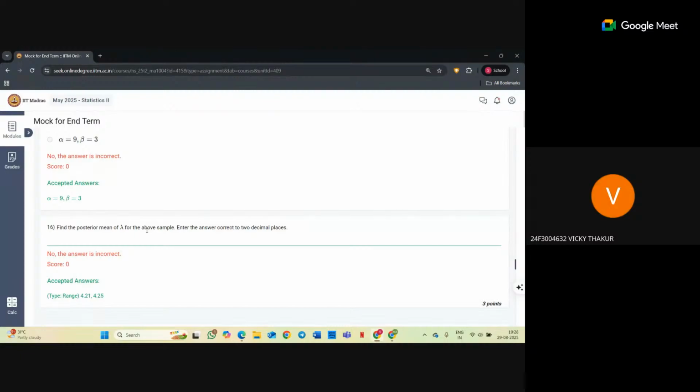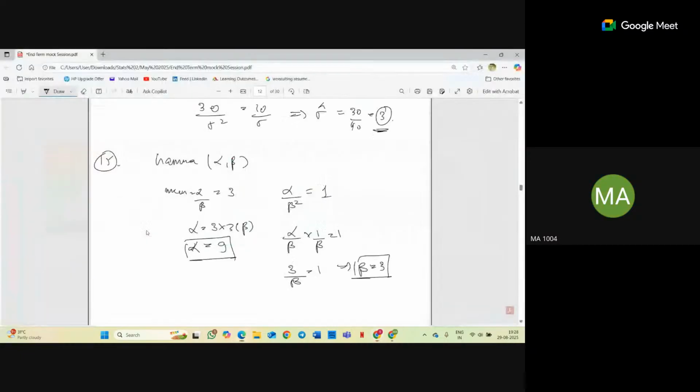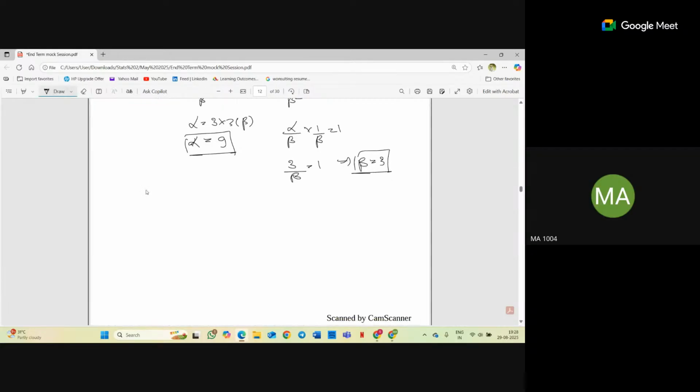Now find the posterior mean of lambda. So what is the posterior mean of lambda? First of all, I need to find out the posterior distribution, which is the likelihood into prior. What is my likelihood here?